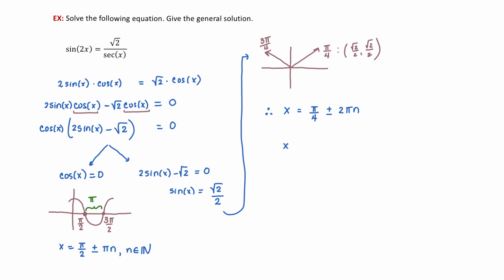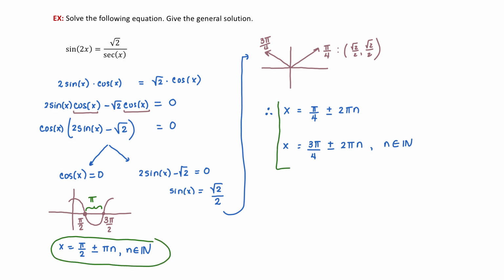And then the other solution will be for the ones in quadrant 2: 3 pi over 4 plus or minus 2 pi n. And now here we make a statement that n is a natural number. So then all the solutions are going to be the general solution for the first equation and then the general solutions for the second equation.